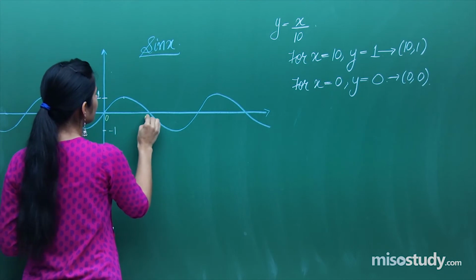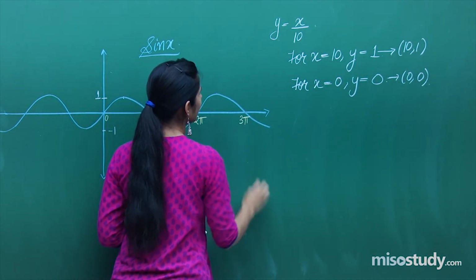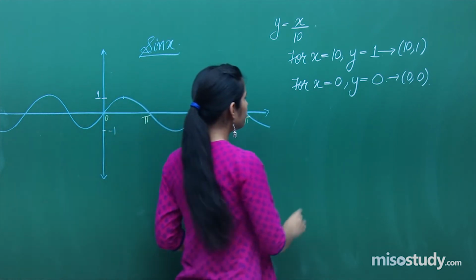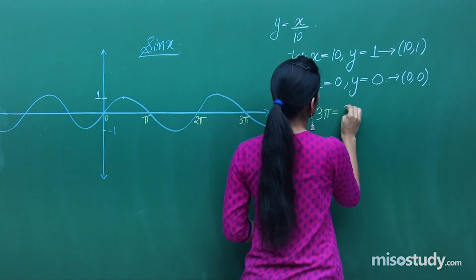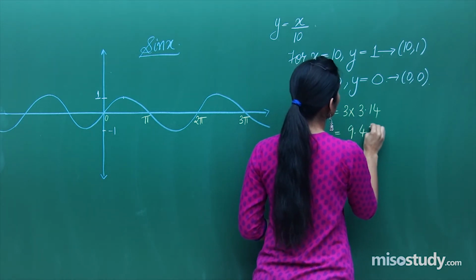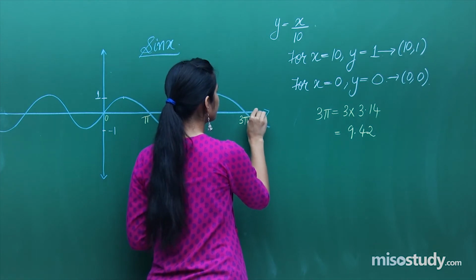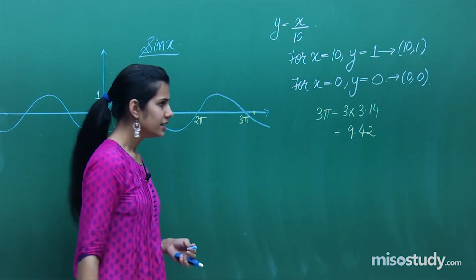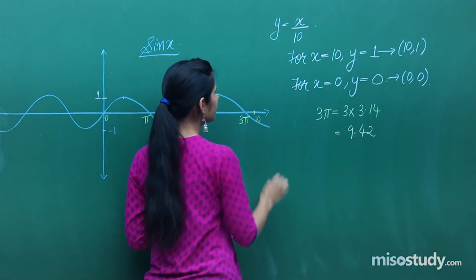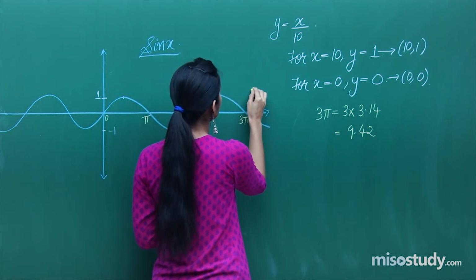This is 0, this is pi, this is 2 pi, this is 3 pi. Now what is 3 pi? 3 pi is 3 into 3.14, which is 9.42. That means 10 will be somewhere here. Fine, this is your 10. Now at 10 the function is attaining the value 1 over here.